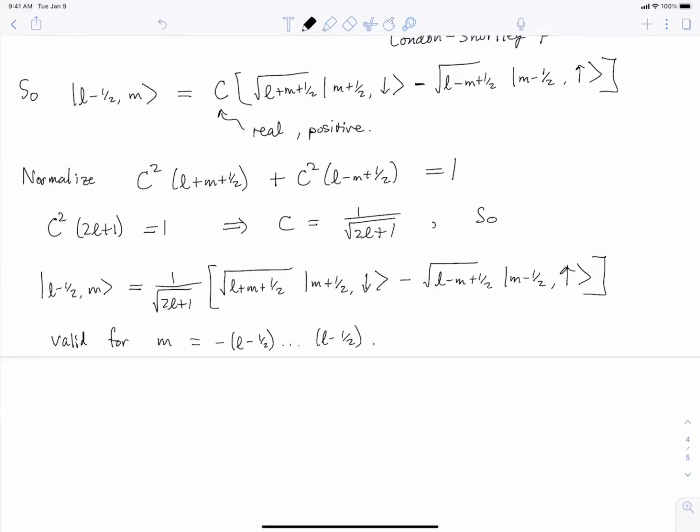Okay, and the number of those, if you count them up, is indeed the 2L states that we were talking about.